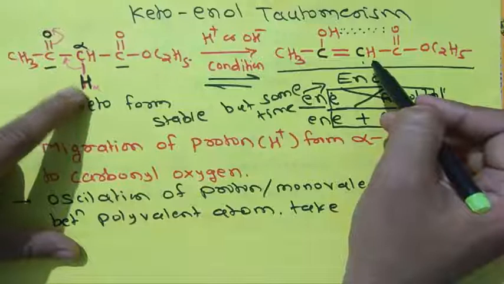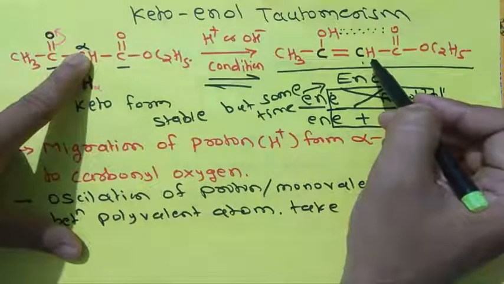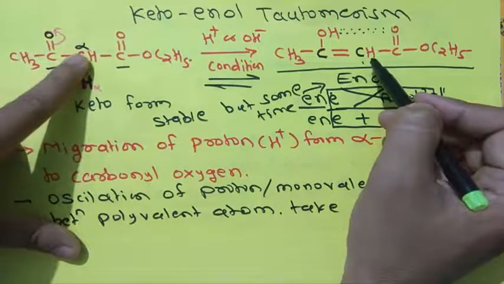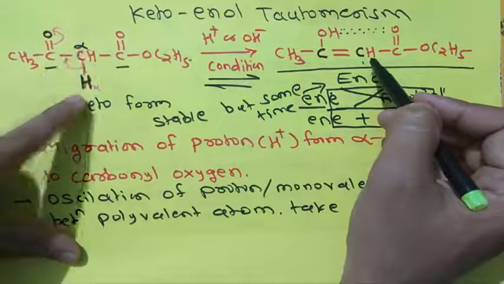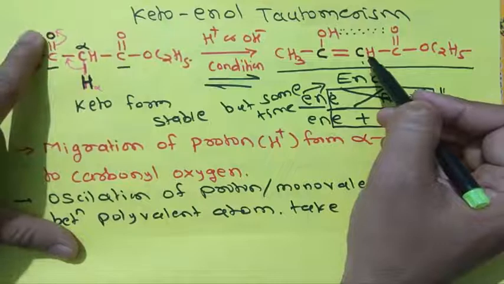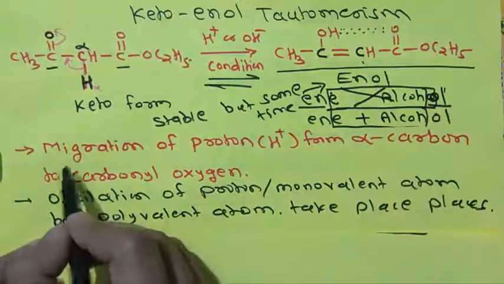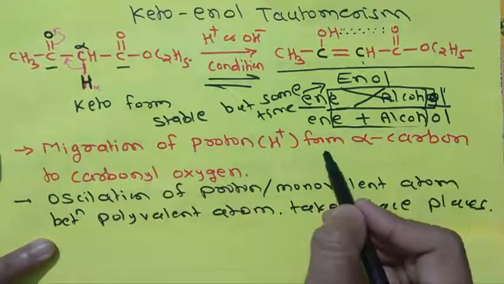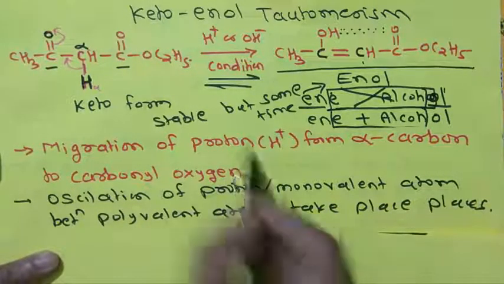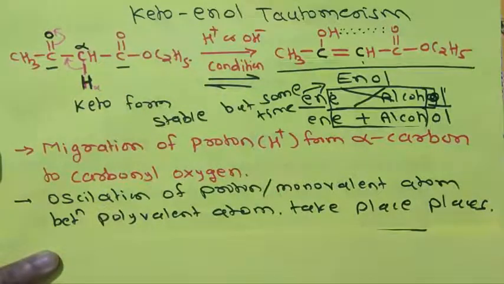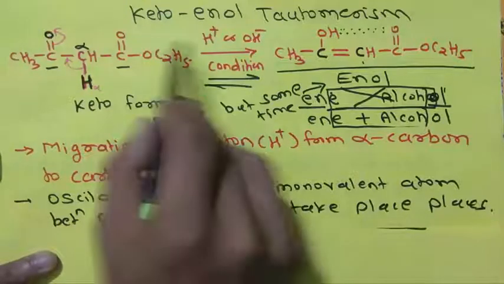The very necessary condition is that it is the alpha carbon atom: the proton is transferred from the alpha carbon atom towards the carbonyl oxygen atom. So we define the migration of the proton from the alpha carbon atom to the carbonyl oxygen atom as keto-enol tautomerism, or the oscillation of a monovalent atom between polyvalent atoms.